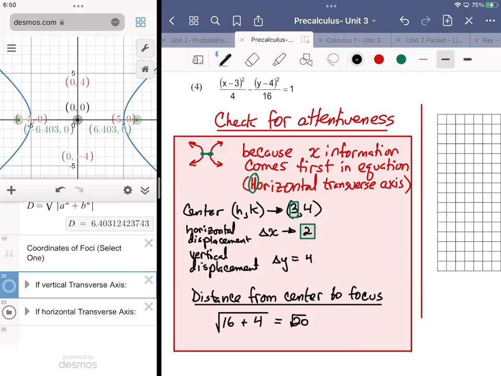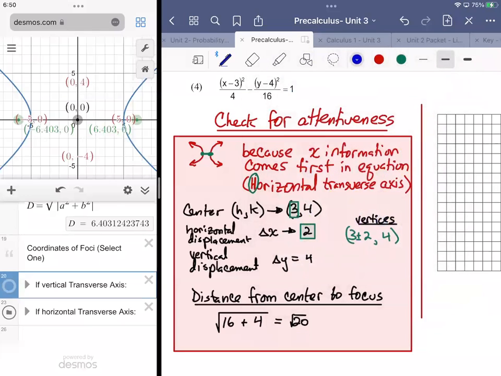So for your vertices, we would say 3 plus or minus 2, comma 4. All right, so you start with your center, add to it your delta X and subtract from it your delta X, but leave the Y alone. All right.